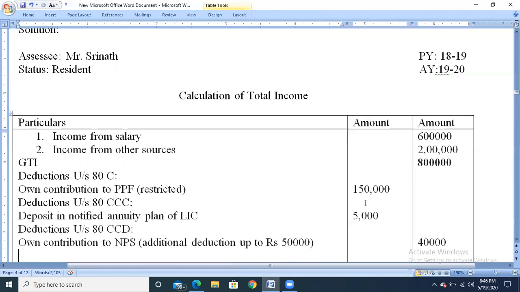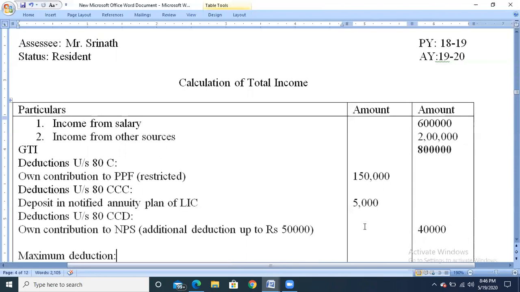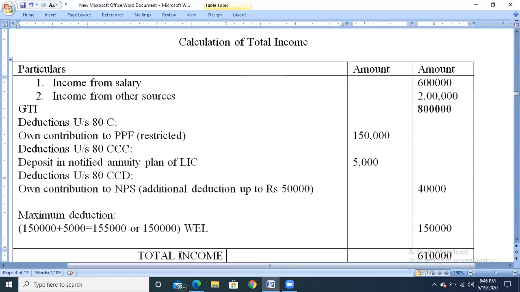So the maximum deduction is 1,50,000 plus 5,000, which gives 1,55,000. Be careful, this 40,000 will not be included in the ceiling limit of 1,50,000 when we are totaling the three sections.